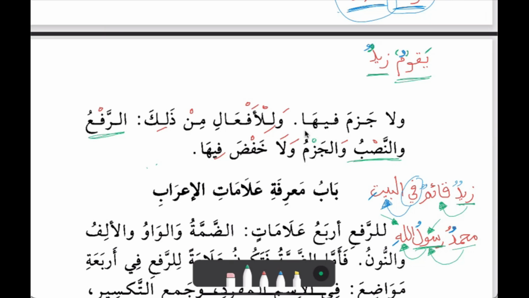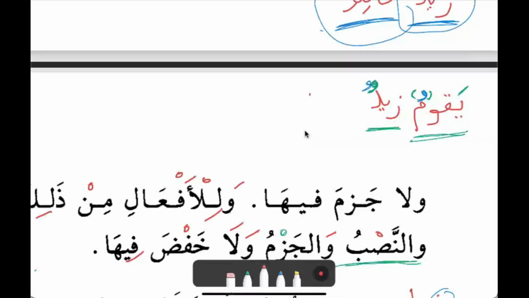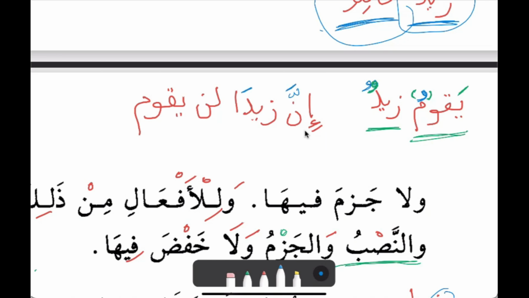Let me give you another example. You say, Inna Zaydan lan yaquma. Inna Zaydan lan yaquma. So here, Inna is influencing Zayd. Inna Zaydan. Inna here, this is harf nasb. This is an accusative particle.